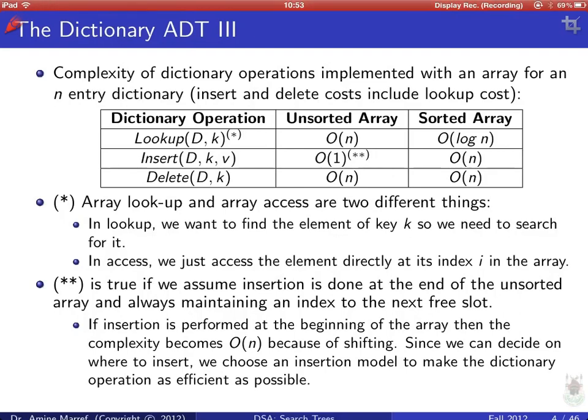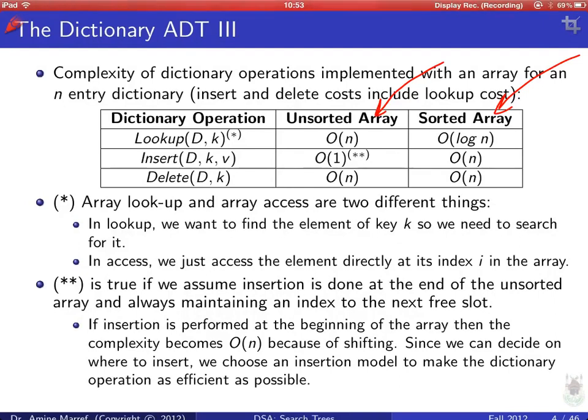Okay, why do we have to shift it? To make it sorted. Okay, but this is an unsorted array. You have to traverse all the elements in the array.